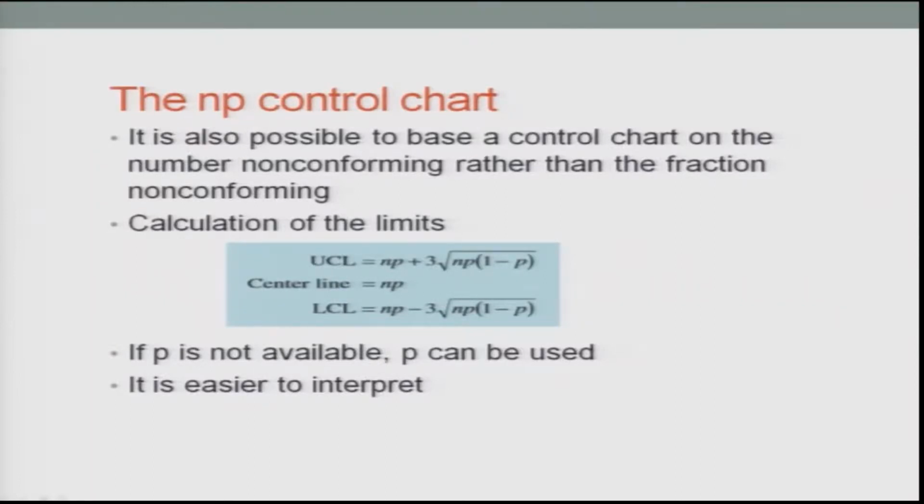Now, the square root value which you initially had was p into (1 minus p) by n, but in this case you will be utilizing the variance, since you are interested in numbers and not in proportions.